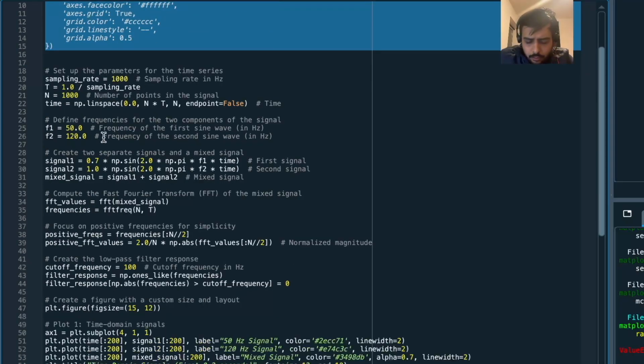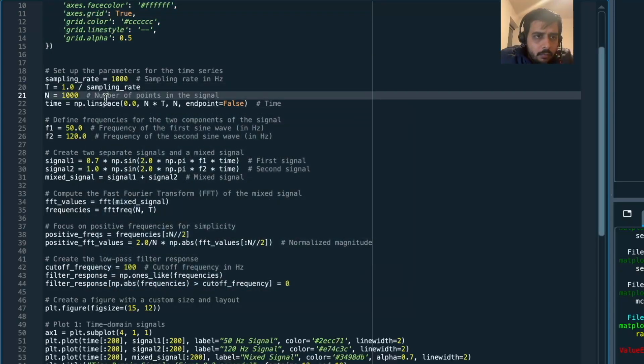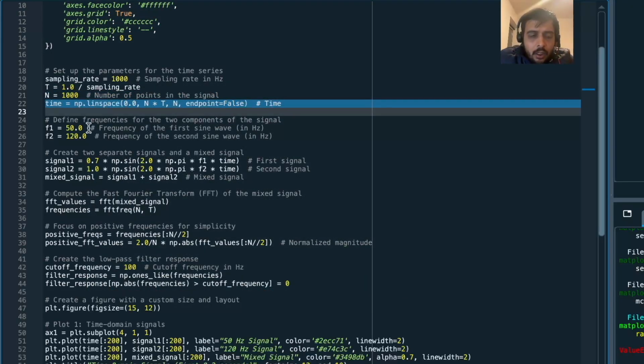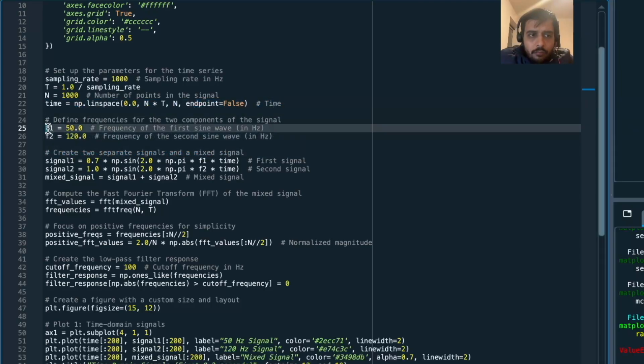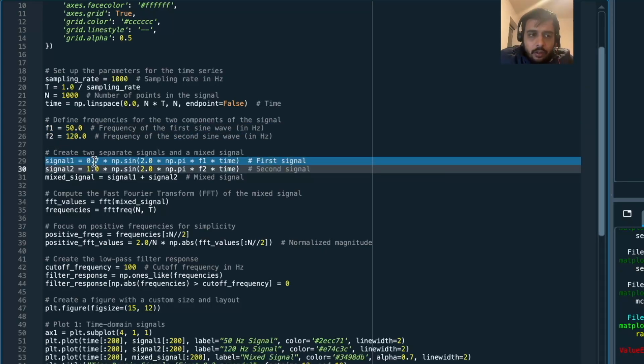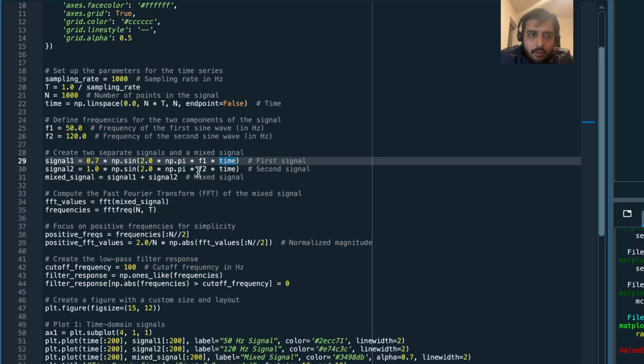Here we are defining the number of points in our signal, the time array, and two frequencies for our signals. One is 50 Hz and one is 120 Hz, and these are our two signals, which are simple sinusoids of f1 and f2.